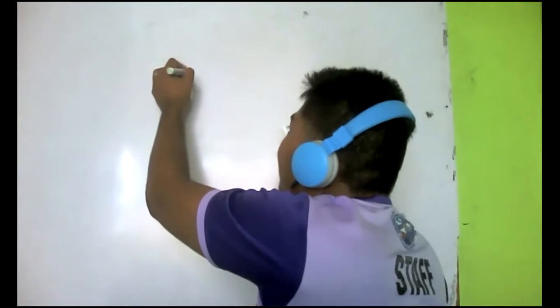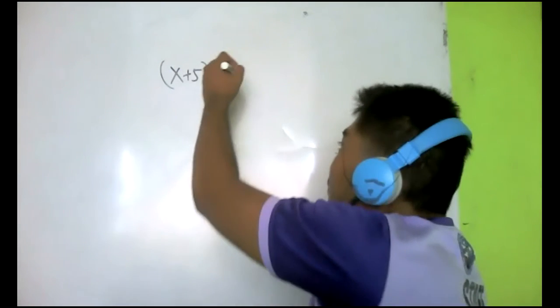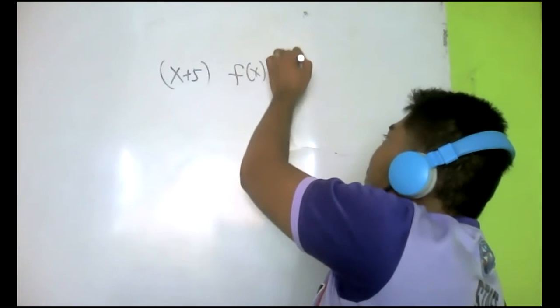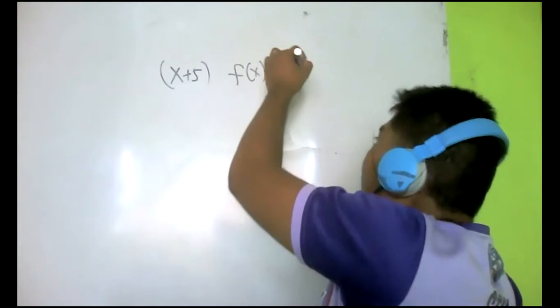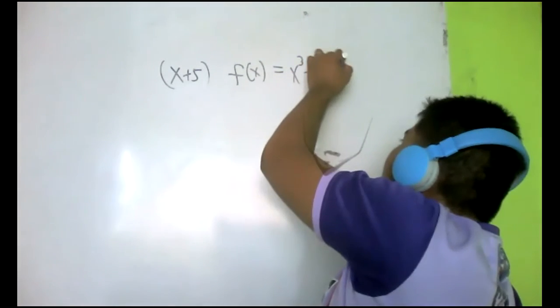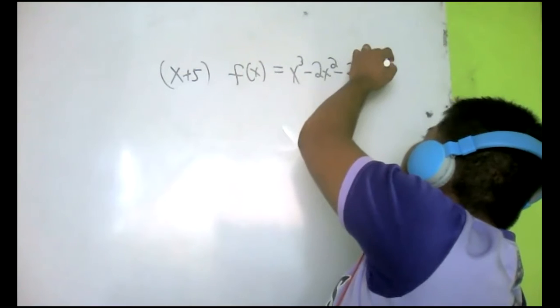Determine if x plus 5 is a factor of x cubed minus 2x squared minus 29x plus 30.